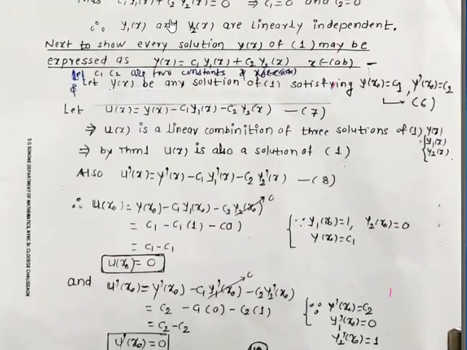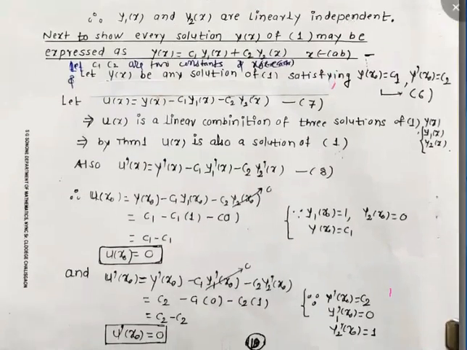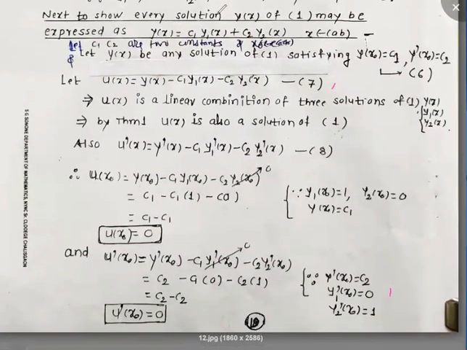Next, to show that every solution y(x) of equation 1 may be expressed as a linear combination, now take a third solution. We will show that this y(x) can be expressed as a linear combination of y1(x) and y2(x) for some constants. So let C1 and C2 be two constants and x0 a point in the open interval a to b.